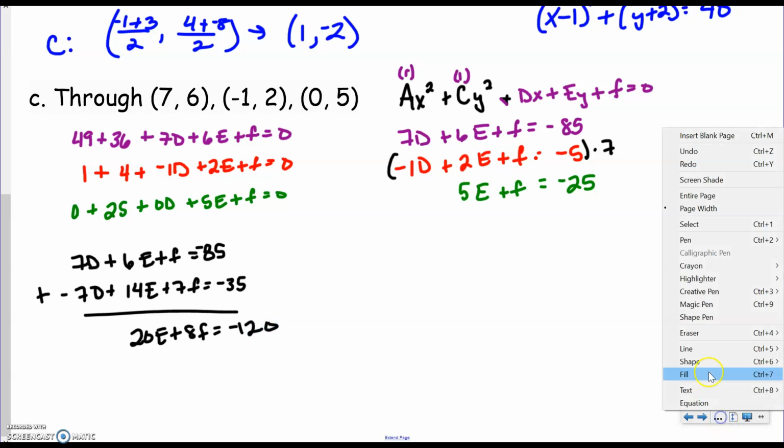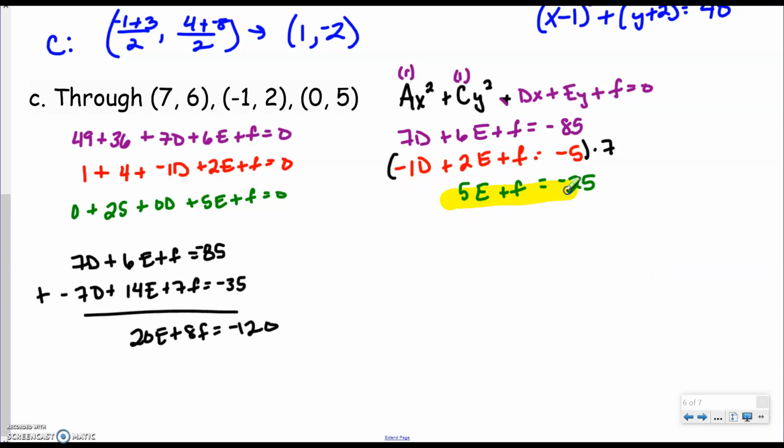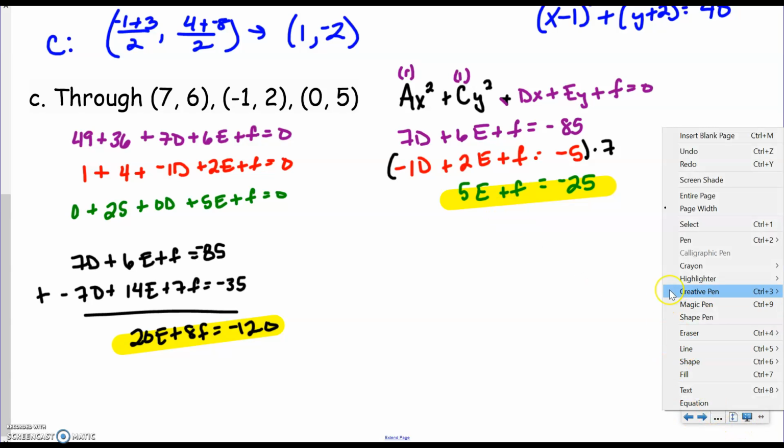Okay, so if I look at this, I have 5e plus f equals -25, and 20e plus 8f equals -120. I could either multiply that green equation by -4 or -8 so that I could cancel either my e's or my f's. It's completely up to you.